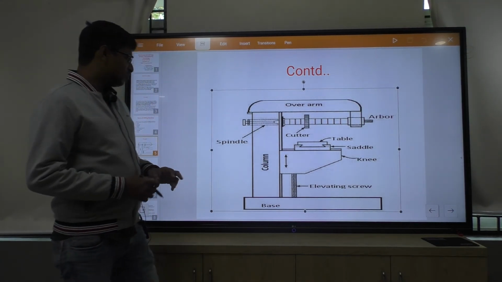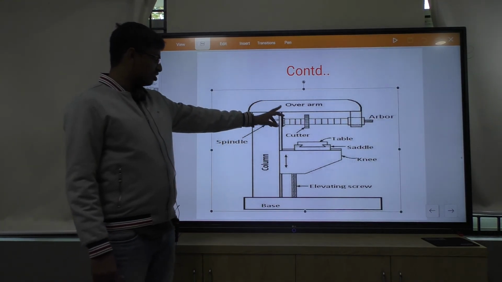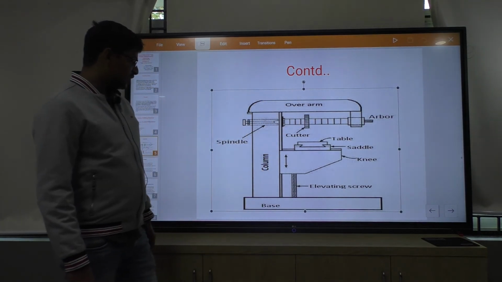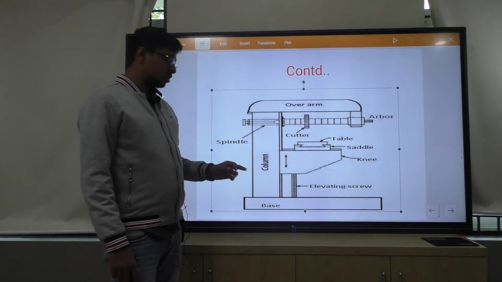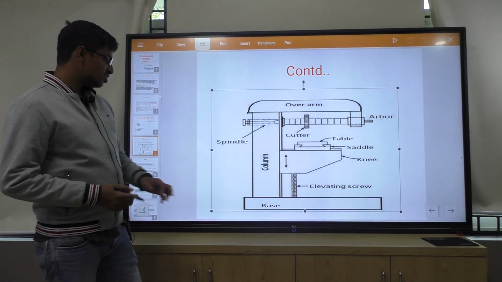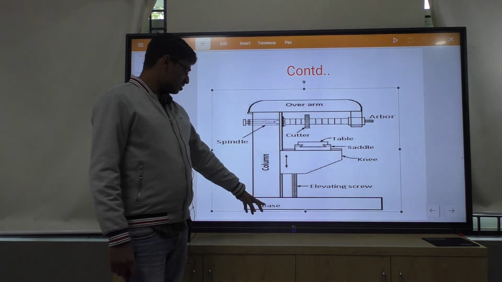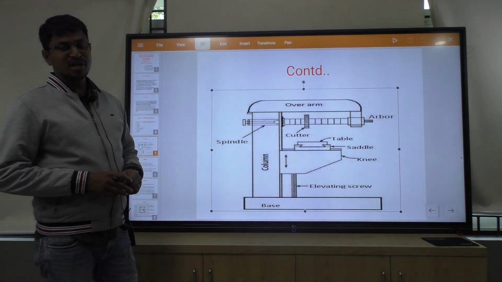Base is the main supporting element for all other parts of the milling machine. Here the base is made up of grey cast iron. Why grey cast iron? Because it has high damping capacity.